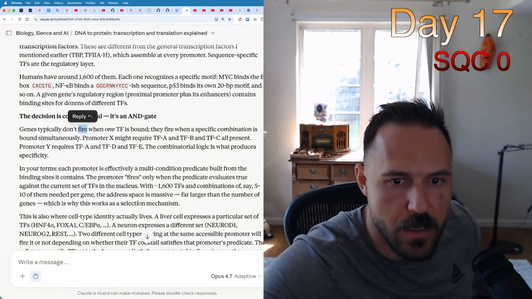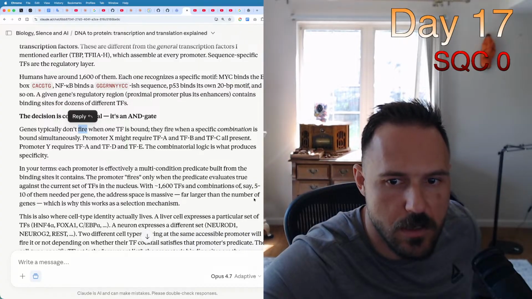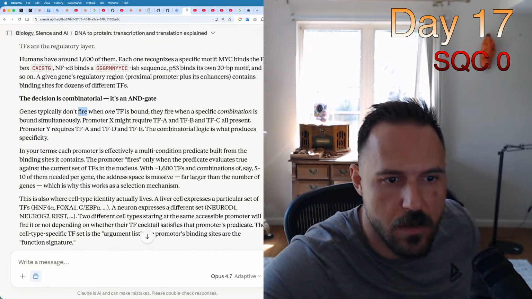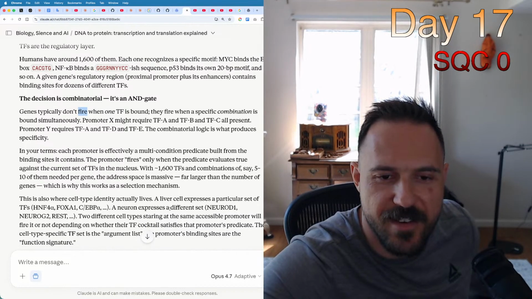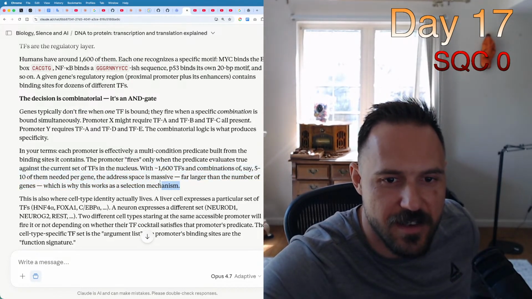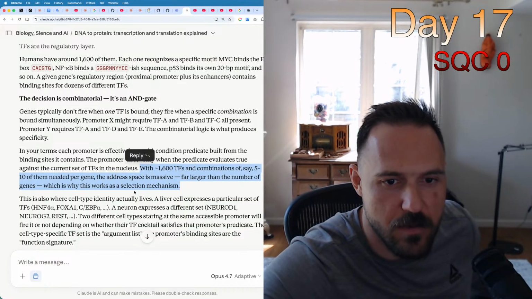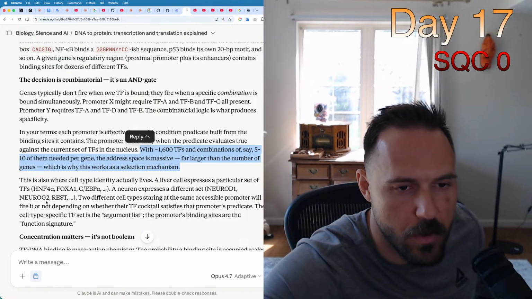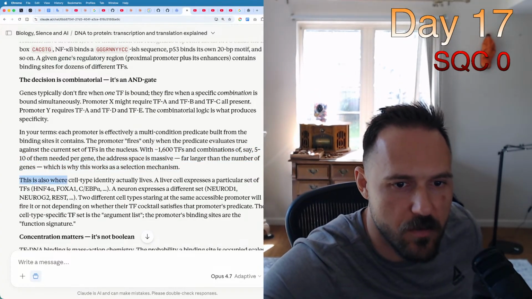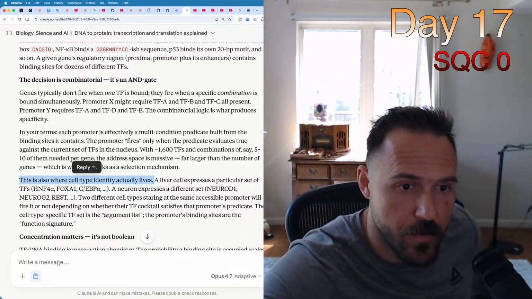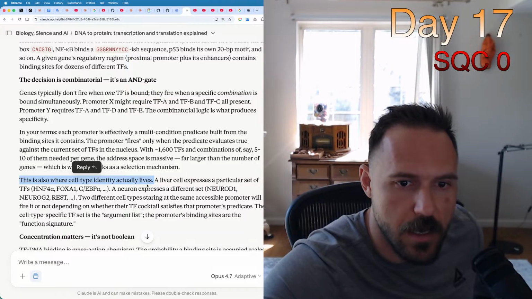The address space is massive, far larger than the number of genes, which is why this works as a selection mechanism. That's good. That's good. There is no claim like mine for now. I mean, I'm pretty sure someone already thought about it, but it would be very interesting to prove it wrong or prove it right.